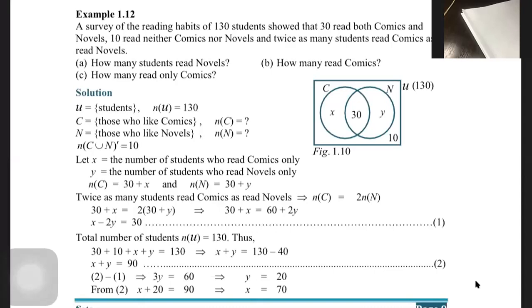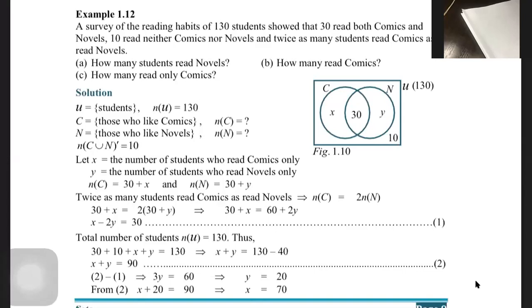Now, how many students read novels? How many read comics? How many read only comics? Now, the solution: your universal set is 130. Comics is not given, and novel is also not given, but you have your complement and the intersection.